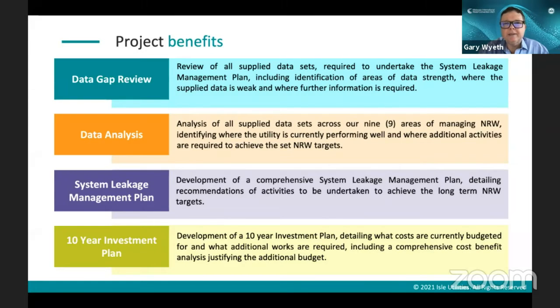As part of the SLMP, we would also develop a 10-year investment plan. This plan is like a spreadsheet showing all of the different recommendations and all of the ongoing activities that are already being done by the utility, detailing the costs that would need to be covered each year for those 10 years to achieve that target.